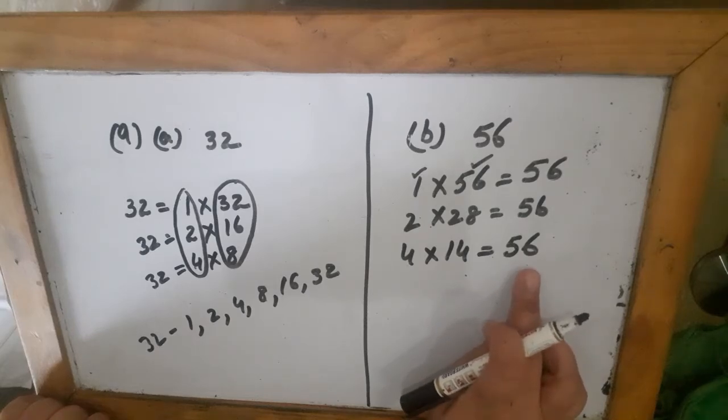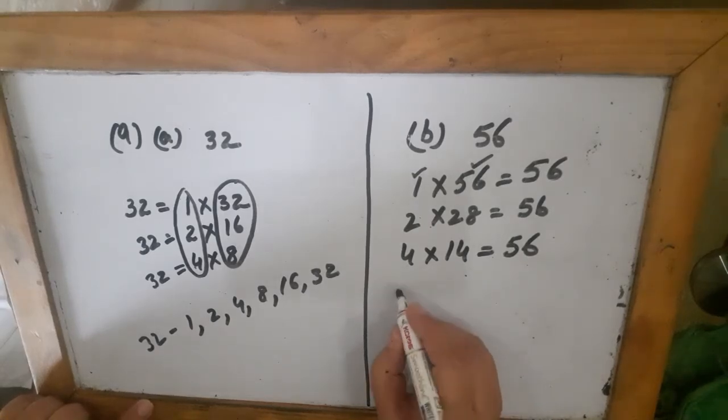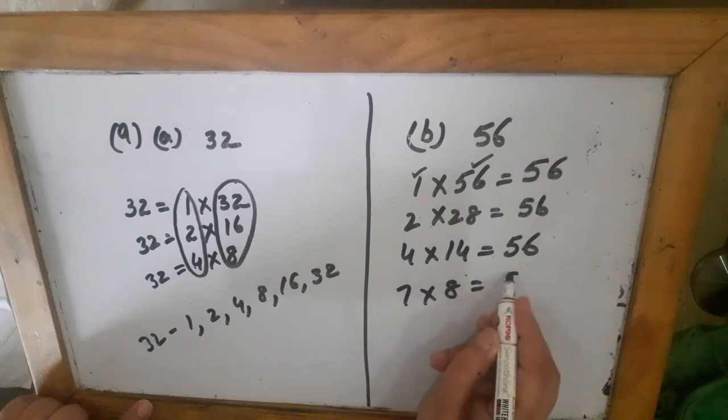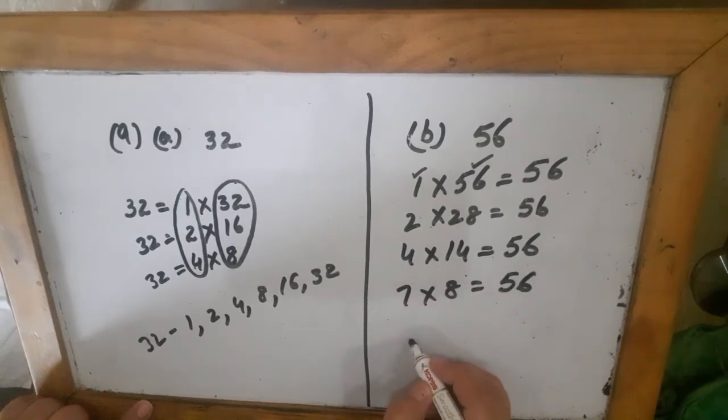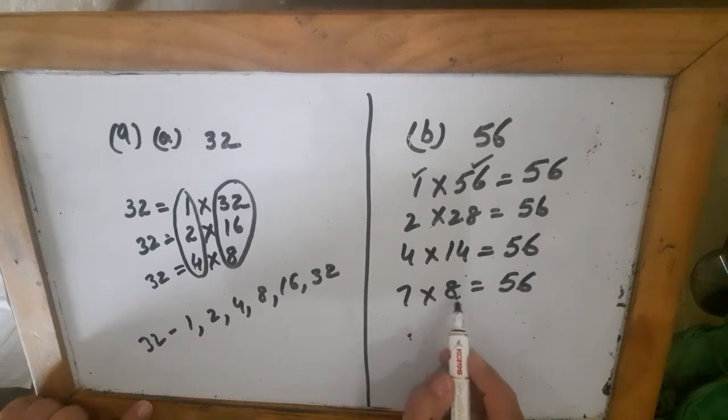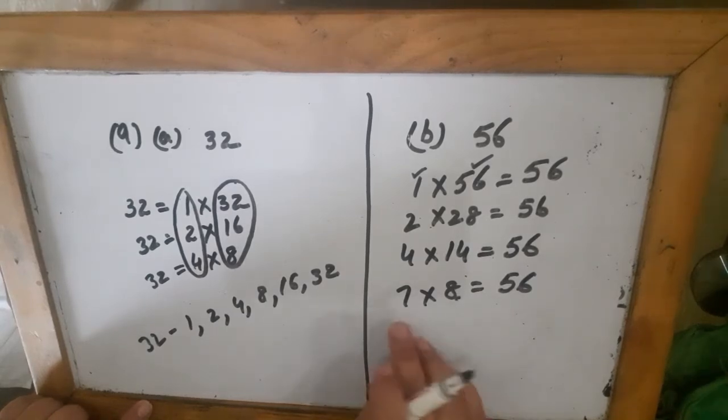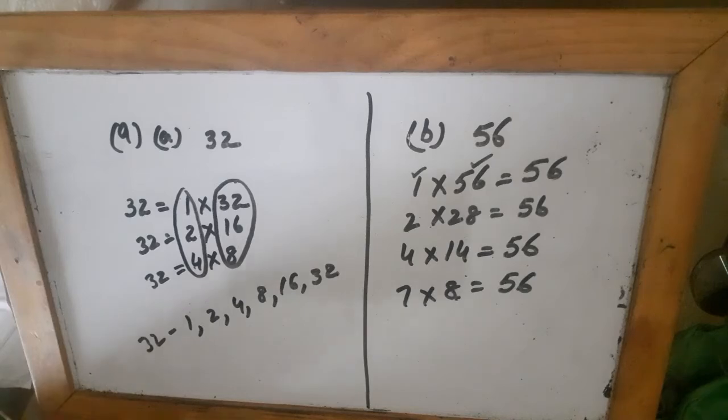Now do you get 56 on the table of 7? Yes, 7 8s is 56. After 7 comes 8, and 8 I have already written. So 7 8s are 56, 8 7s are 56. It means all the factors I have listed.